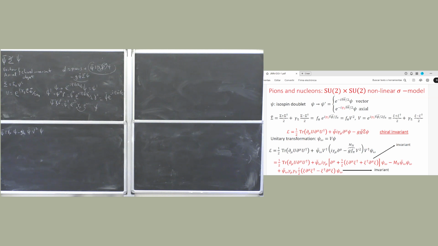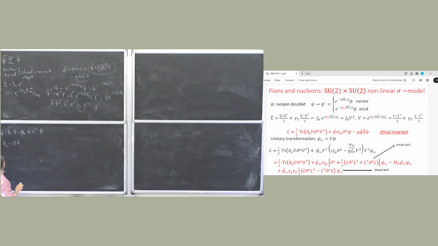Now what I am going to do is a unitary transformation, right? I am going to define a new field for the nucleon that I am going to call psi omega, which is just B times psi. This unitary transformation is precisely what I have here in sigma tilde.